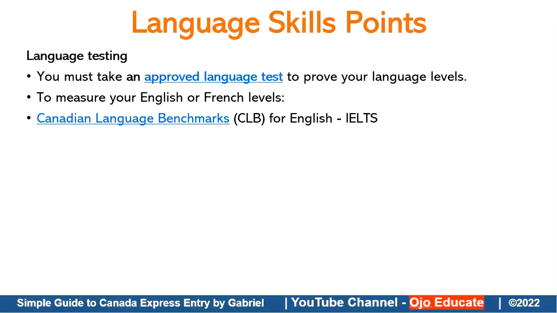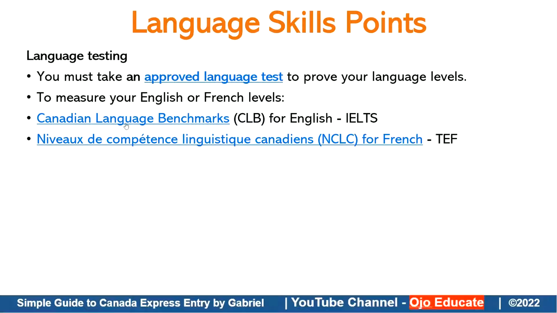If you can speak both and you can confirm that you have proficiency in both English and French, you can also take the two tests to prove that you have language skill in both.